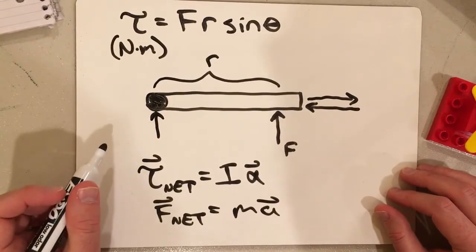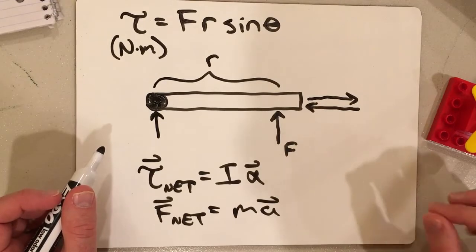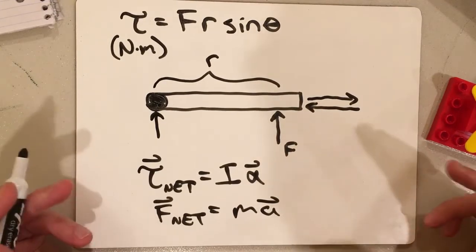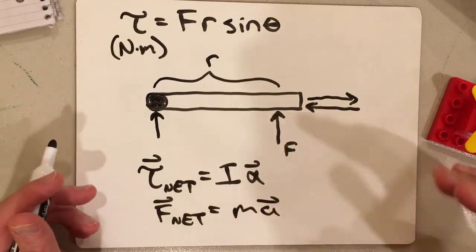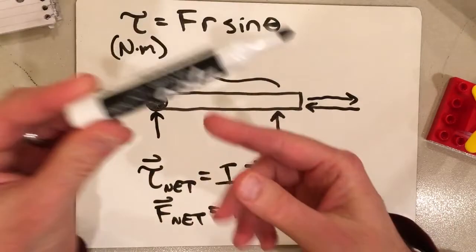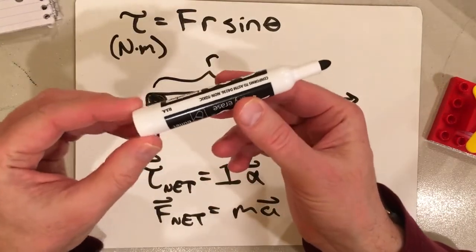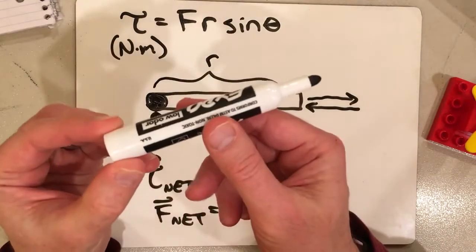The last thing I need to mention, which is vitally important for torque, has to do with gravity. Sometimes you're going to be dealing with gravity acting on something and it's going to create a torque. For example, on this pen here, if I hold the pen at the end, gravity is creating a torque on it, which is going to cause it to rotate down.